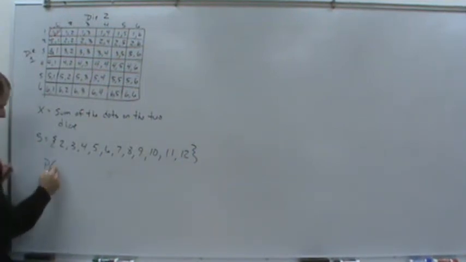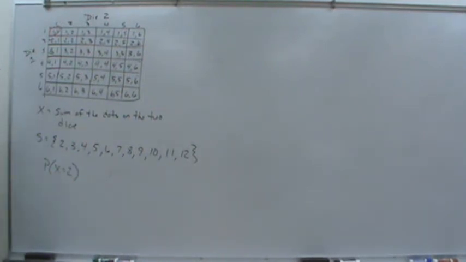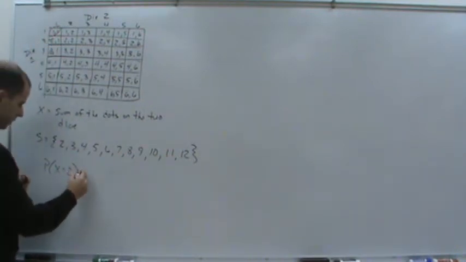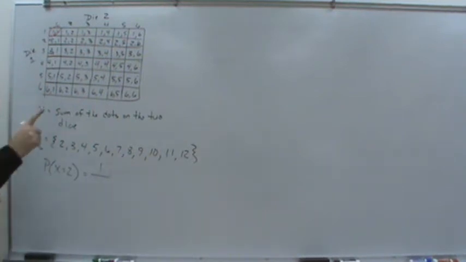The probability that X, the sum of the dice, equals 2. Well, how many different ways can I get 2? Only if I get a 1 and a 1. Well, that's going to be 1 out of how many possible outcomes? 36.